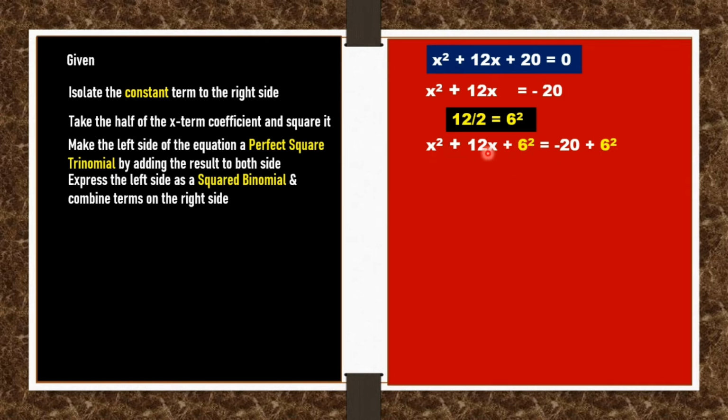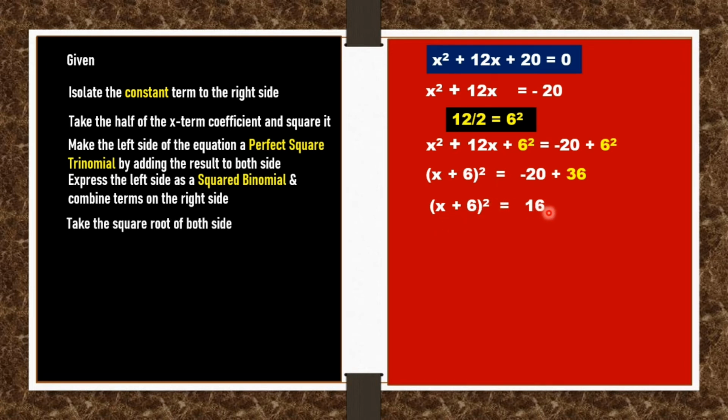Express natin siya as squared binomial. Kunin natin yung root ng x, the sign of the middle term, and the root 6. Then, square it. Then, add natin tong right side. So, the equation is quantity of x plus 6 squared is equal to 16.